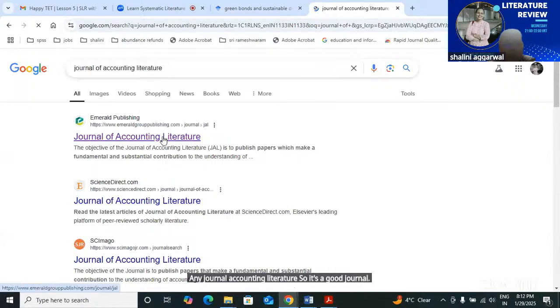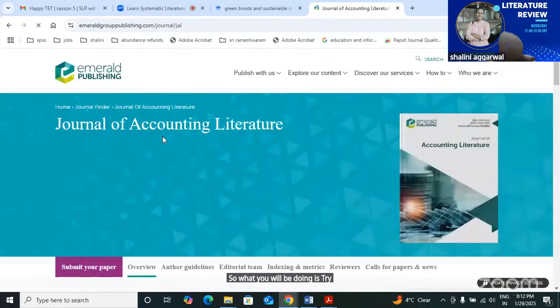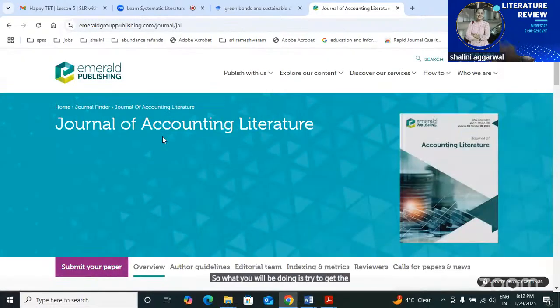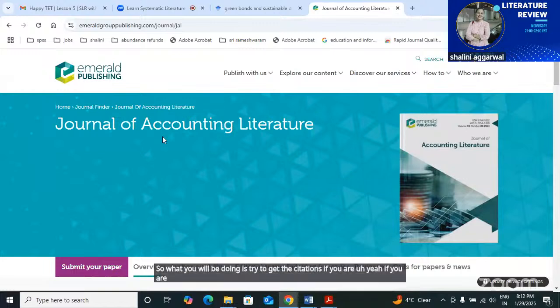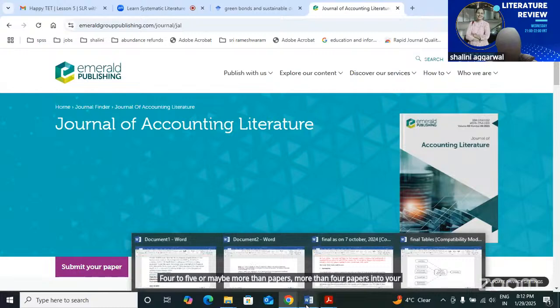What you will be doing is try to get the citations. If you are aiming to put your paper into this journal, try to get more and more papers from this journal and cite 4 to 5 or maybe more than 4 papers in your paper, right?